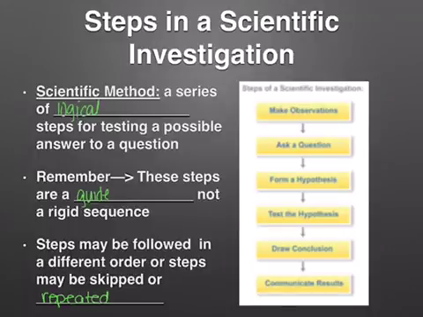So it's very important to know that this scientific method is an oversimplified way of doing science. Remember, science is so complex, so there's no one right way to do science.